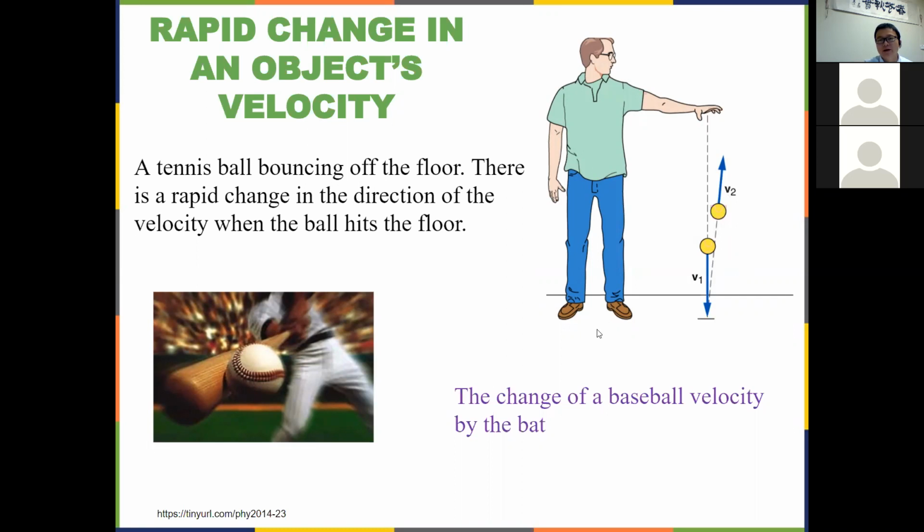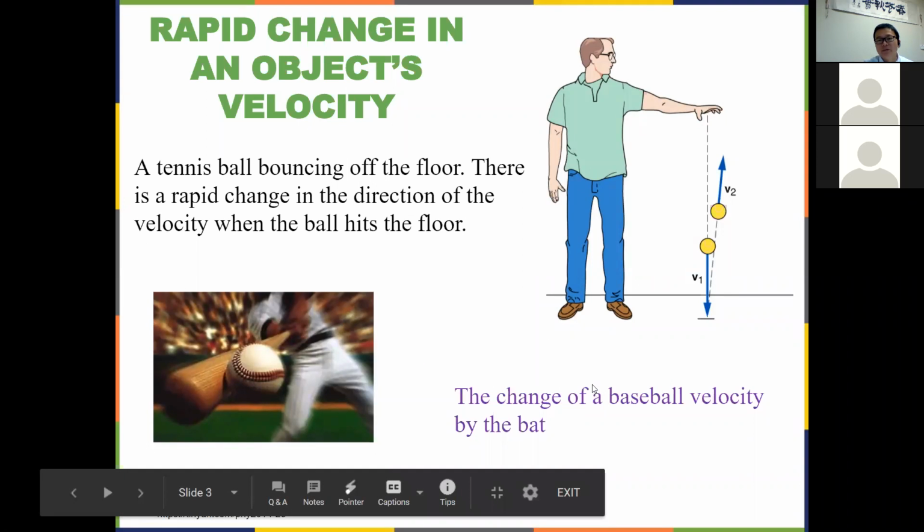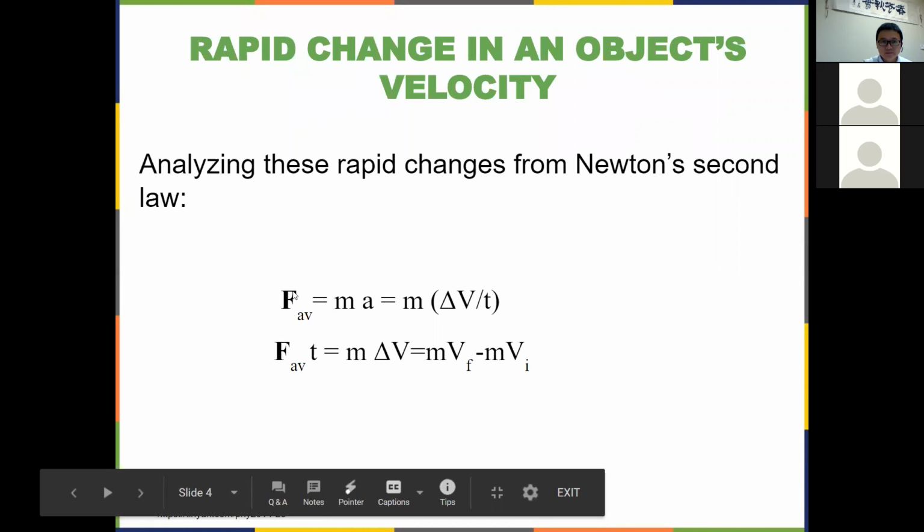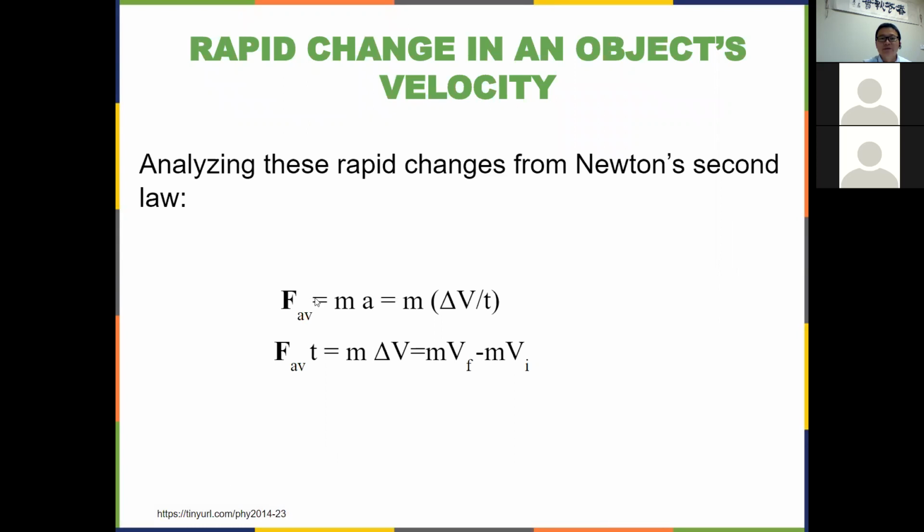So let's take a look at what happens during this rapid change of velocity by looking at Newton's second law. Newton's second law says the force that the object receives, and in this case we will take a look at the average force, F sub AV, should equal the mass times its acceleration. The acceleration is defined as change in v divided by time t, or delta t.